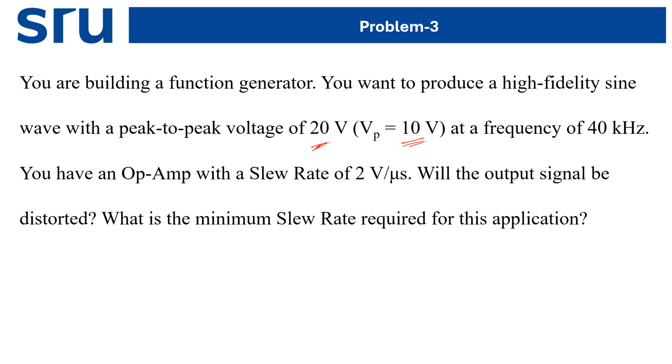And the frequency is given here as 40 kilohertz. Okay, so what it is asking is that we have an op amp with a slew rate of 2 volt per microsecond. Now the question is, will the output signal be distorted? What is the minimum slew rate required for this application?